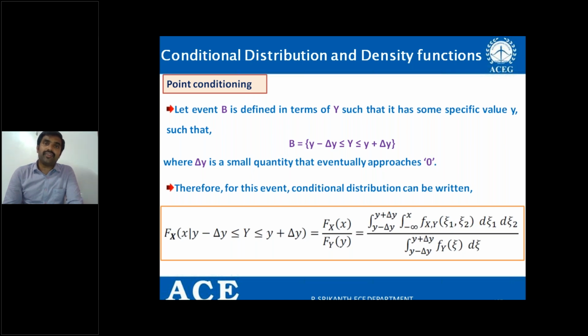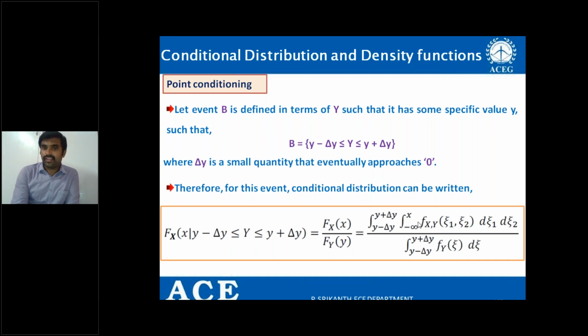In fact, we have seen the representation of the conditional distribution function in the very first chapter. I'm just modifying it a little bit here by taking the event B as y minus delta y less than or equal to y less than or equal to y plus delta y. So the conditional distribution function is obtained by applying conditioning with the event from the other random variable.